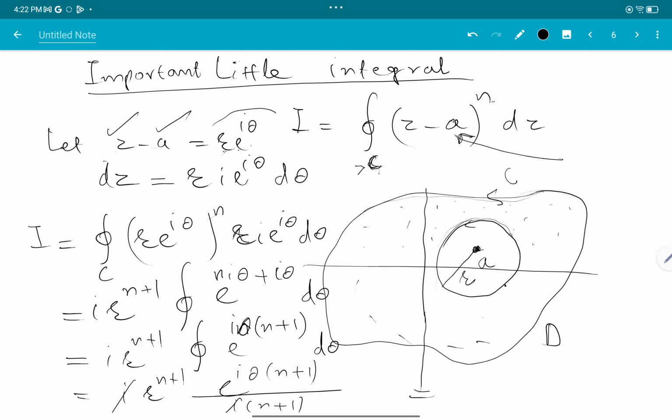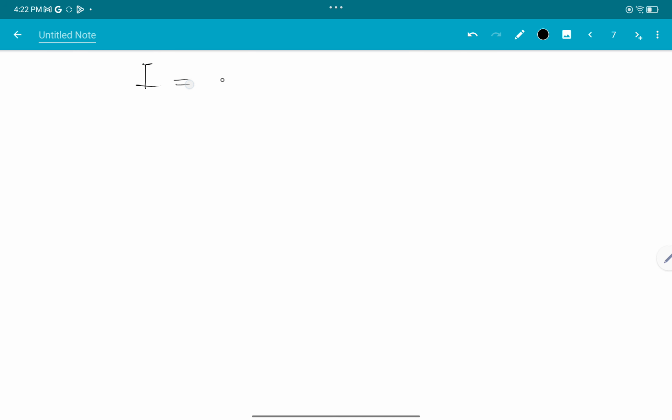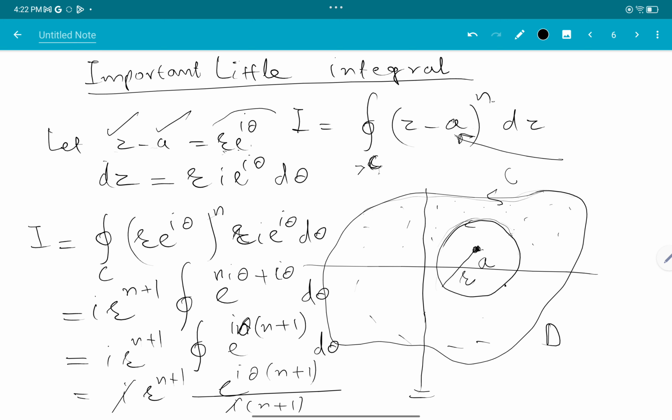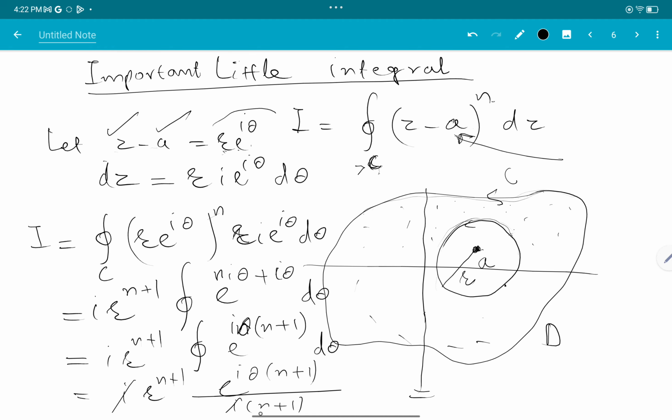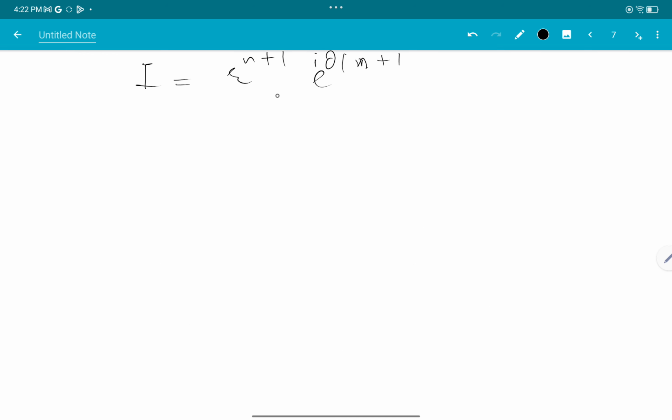I is equal to r raised to n plus 1 divided by i (n plus 1) times e raised to i theta (n plus 1). So this is our integral.